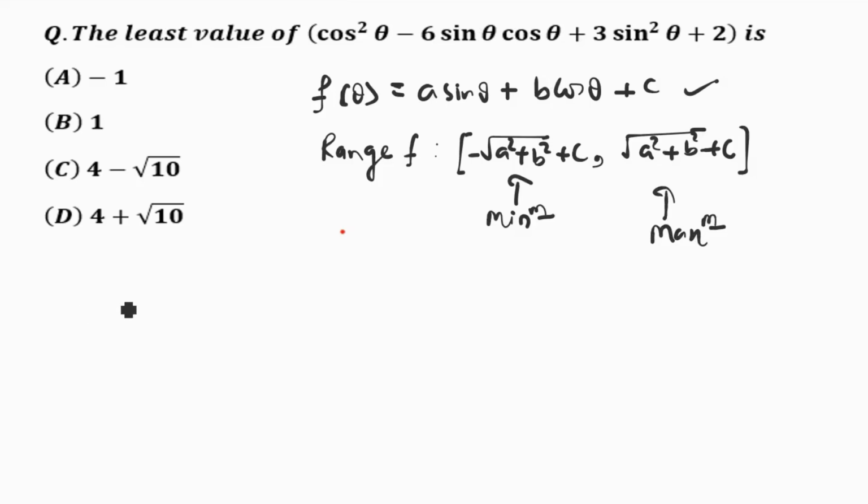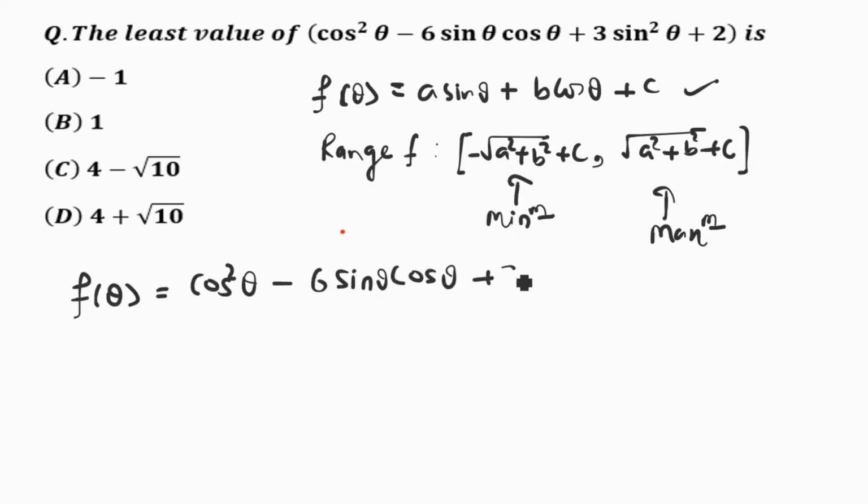So I will convert this function. Let this function be f theta, that is cos square theta minus 6 sin theta cos theta plus 3 sin square theta plus 2. First we will simplify this.